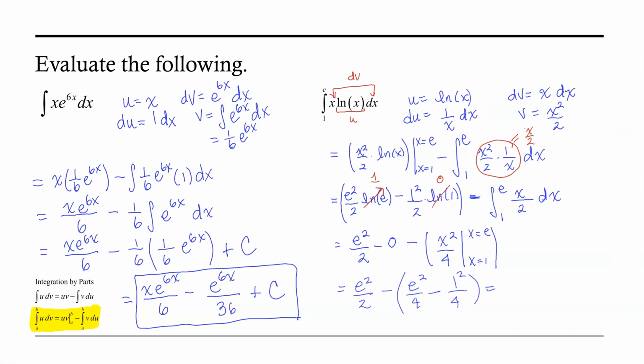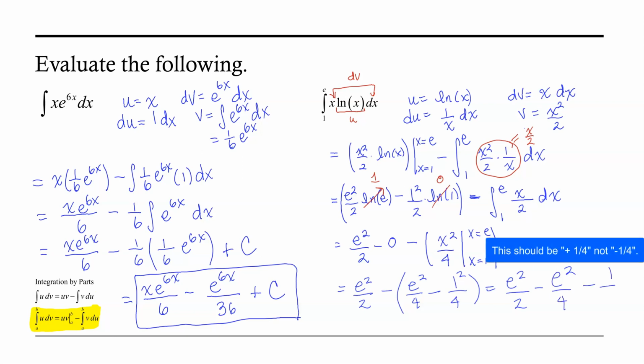And so what do we have here? We have e squared over 2 minus e squared over 4 minus 1/4. Now we're nearly done. We can simplify those first two terms involving the e squared. So we're going to get a common denominator. We'll multiply the first term, the e squared over 2, by 2 over 2, so we have a common denominator.